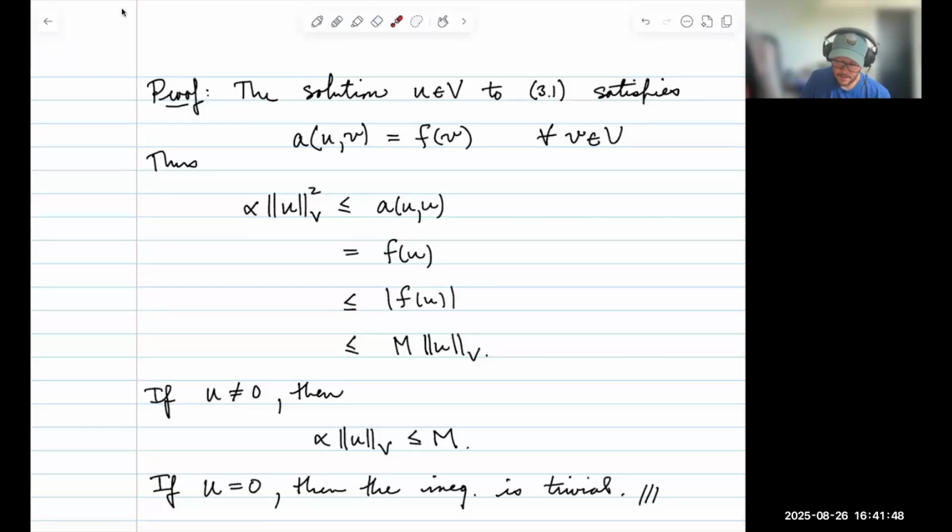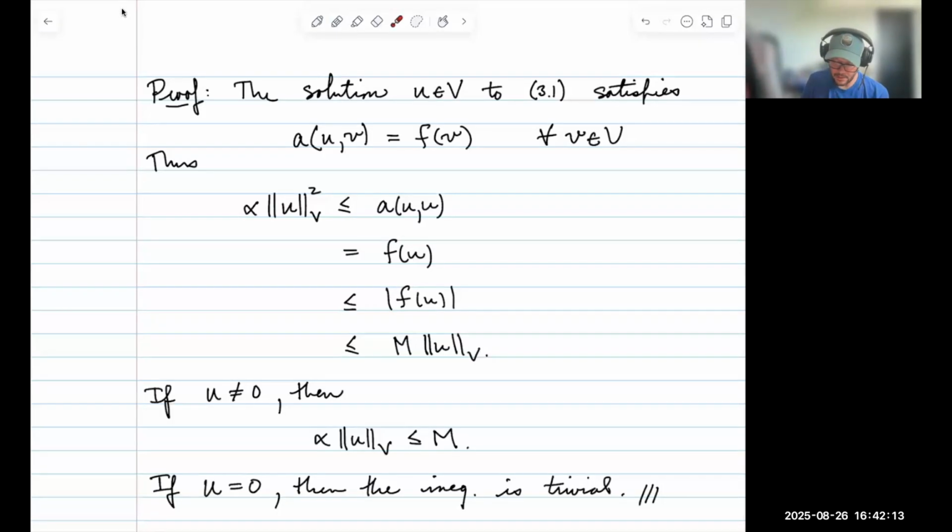Now, this is less than m times the norm of U in the regular norm on the space V, that's because of boundedness, right? So this one is the coercivity statement, and this one is because of the boundedness of the linear functional.